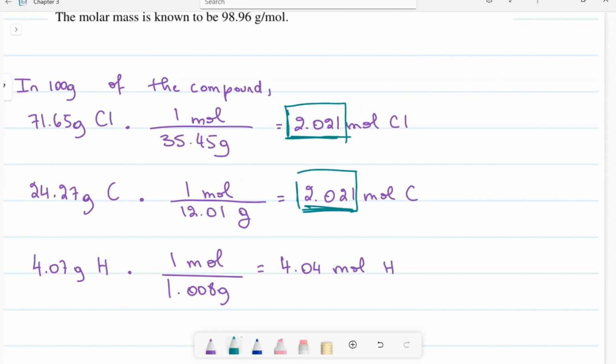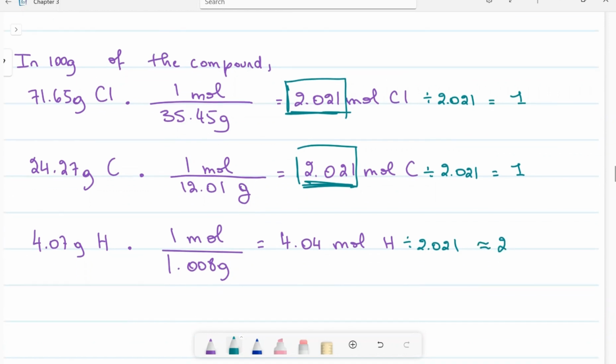What we do with this number is we divide all three of these by 2.021. So if we divide 2.021 by 2.021, we would get 1. Now if we divide 4.04 by 2.021, we would get approximately 2.